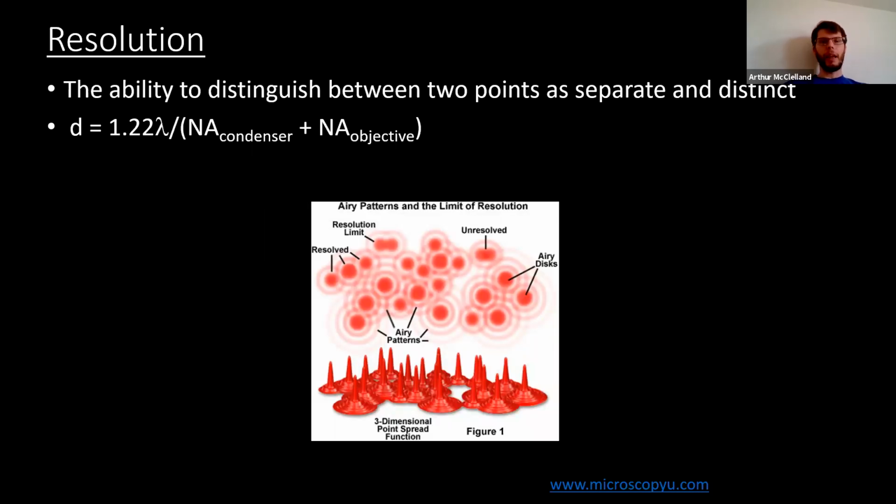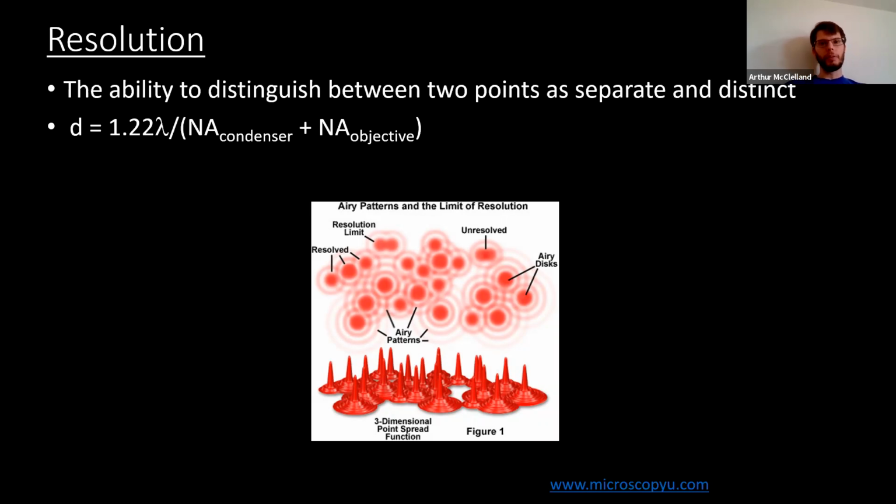So if we have 500 nanometer light, which is sort of blue-green color, the smallest particle we can resolve is 250 nanometers. And so what do we mean by resolve? It's being able to tell two particles that are next to each other if there's one particle or if there's two particles.